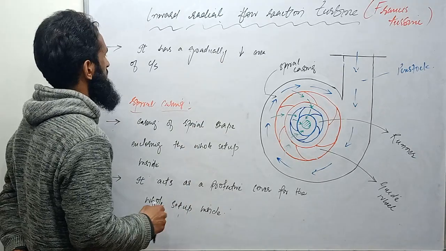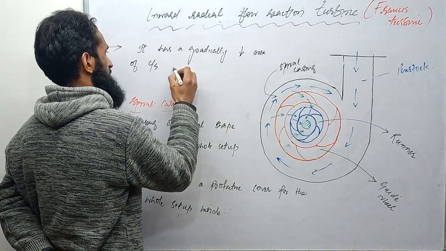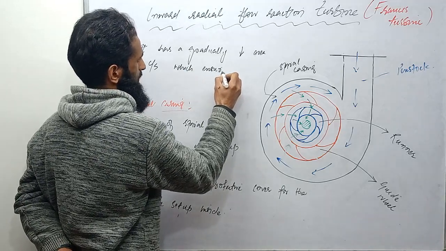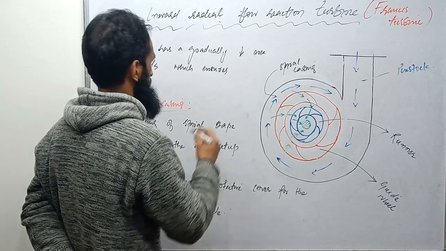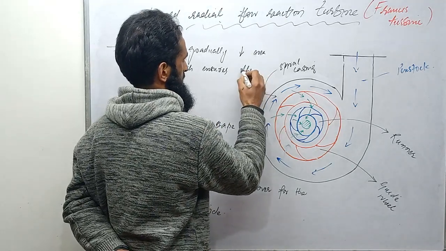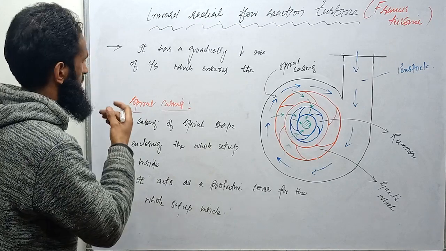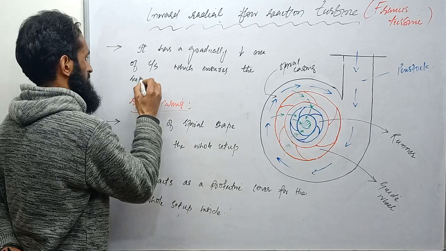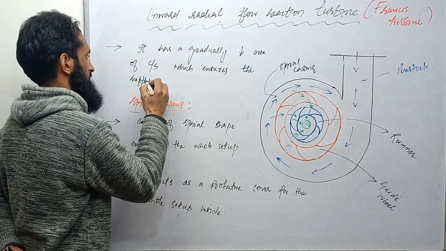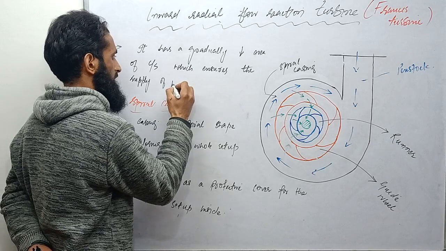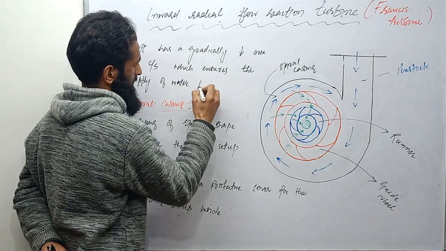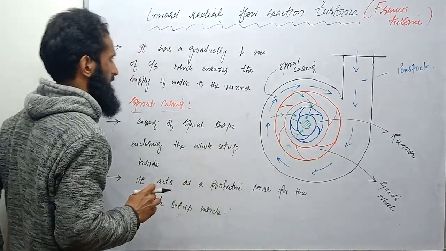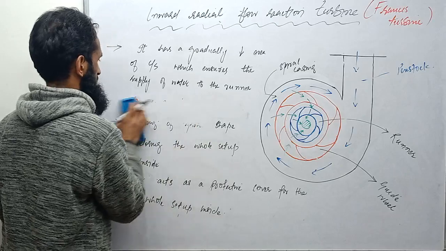It has a gradually decreasing area of cross section, which ensures the supply of water to the runner at constant velocity.